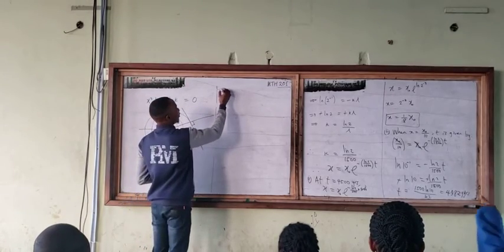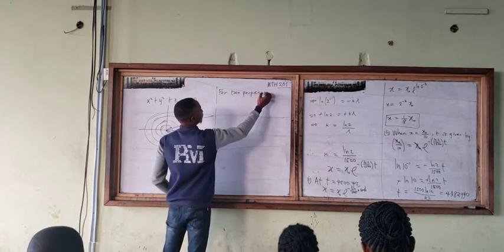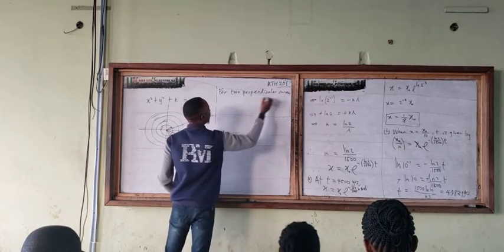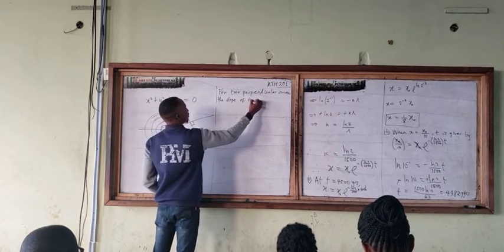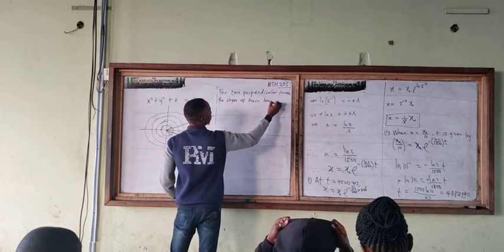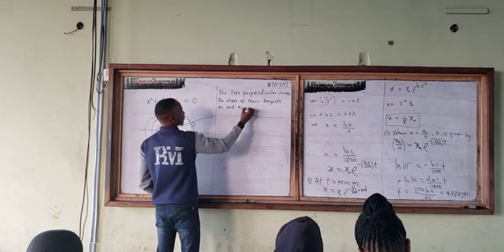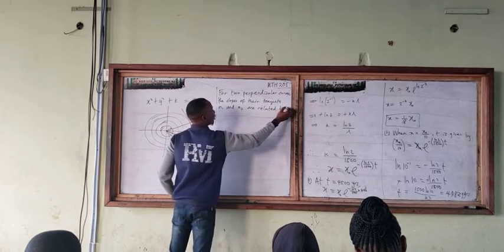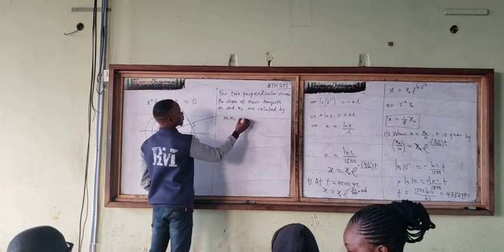When two lines are perpendicular, the slopes of their tangents, M1 and M2, are related by M1 M2 is equal to minus 1.